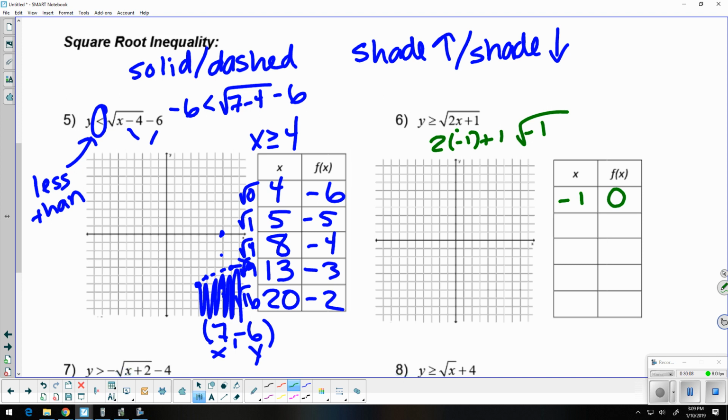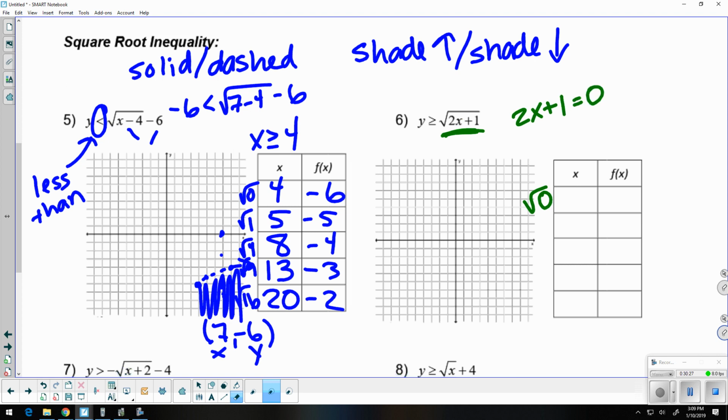So instead, here's how you're going to find your starting point. Again, the question is truthfully, what makes this 0? What's going to give me the square root of 0 when I plug in a number for x? If you don't know by looking at it, this one's a little bit trickier because of that 2 in front. The question is what makes that all 0? Set it equal to 0 and solve for x. You'd have to subtract the 1 and then divide by 2.